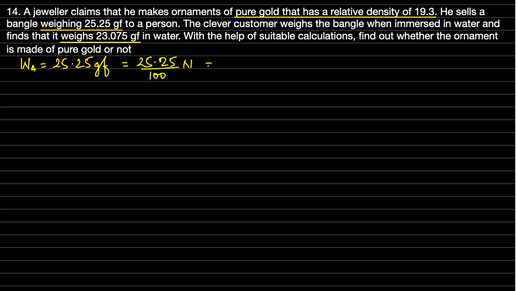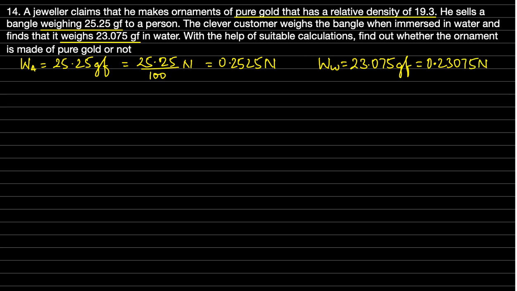So that would give me 0.2525 newtons. Similarly, weight of the body in water, the customer got it as 23.075 gram force. Converting it to newtons, we would be dividing it by 100. So we get this as 0.23075 newtons.